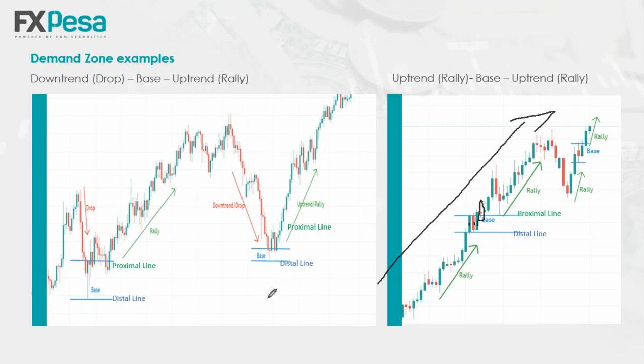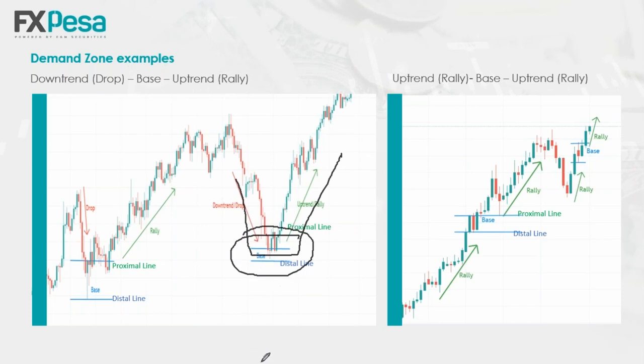So in short, when you have rally, base, rally setups, they are best suited to identify along higher time frame charts, because you're more likely to have high quality trade setups. But when you're looking for instances where you'd have a reversal, like drop, base, rally, such setups normally take time to form.